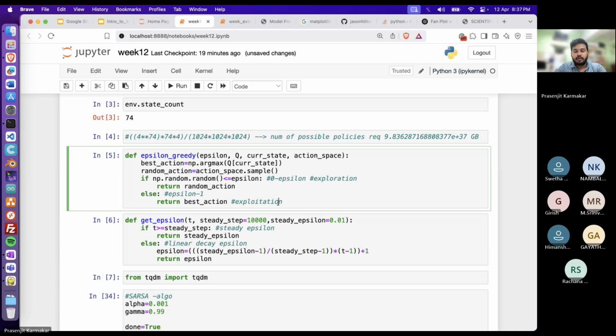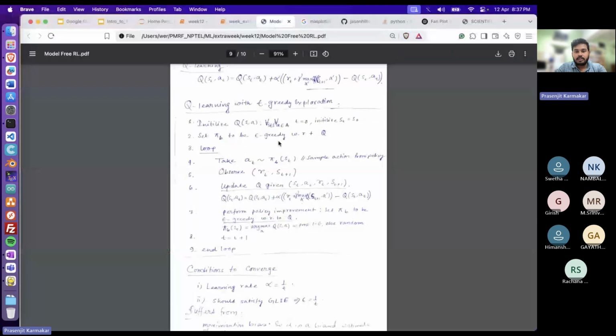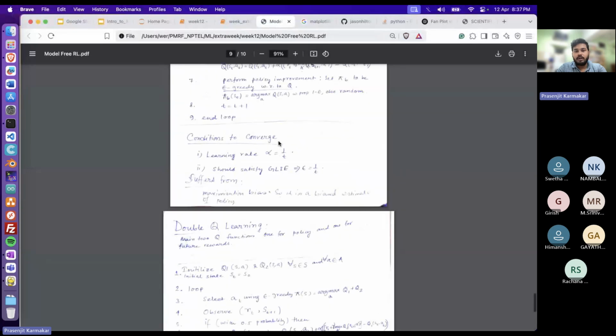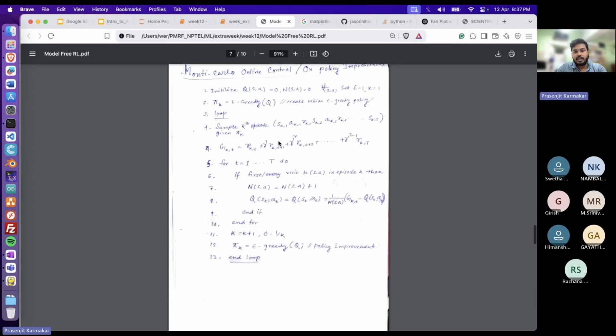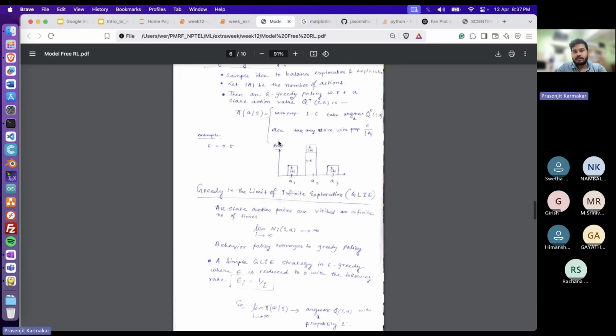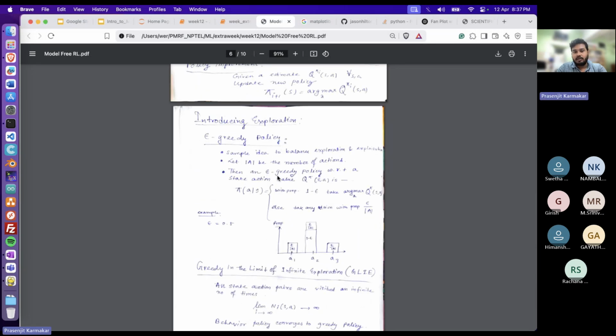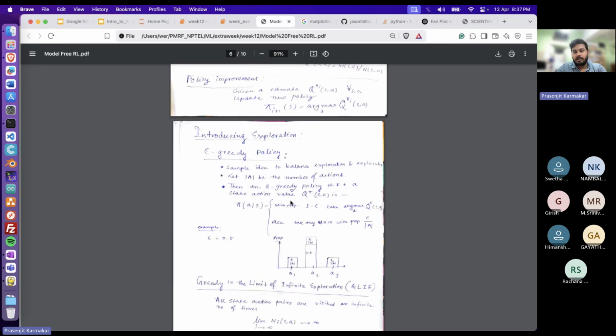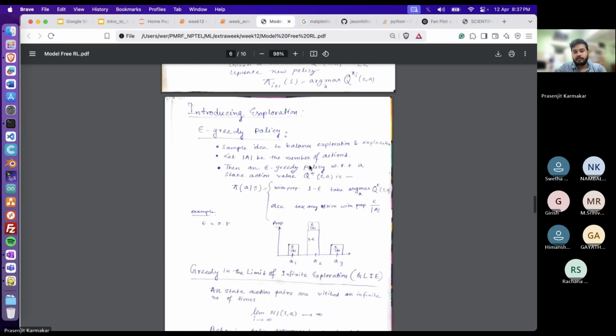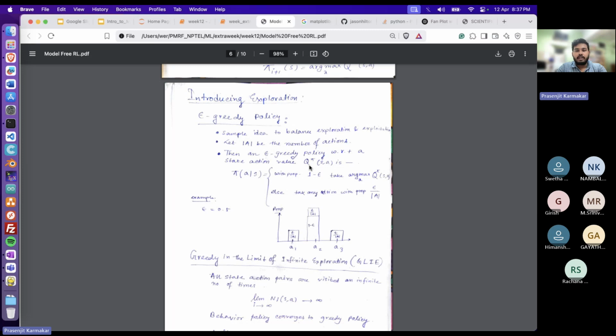I will share these notes with you, and everything is written properly here. If you want to revisit any concept, for example this exploration thing, you can go and read these. It's good for getting the theoretical background.